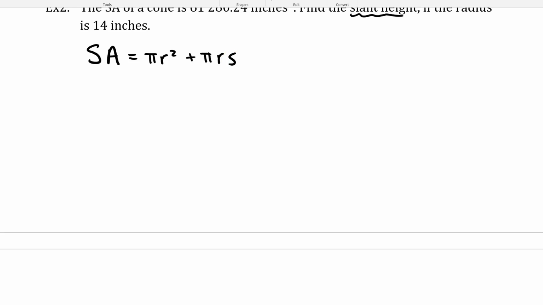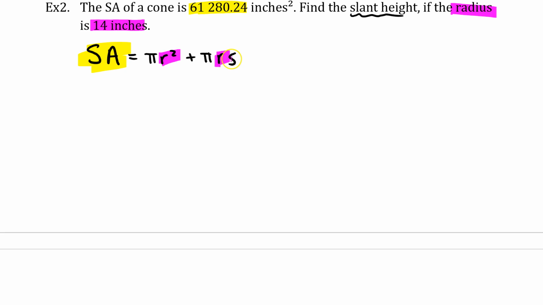We know the surface area is that 61,000, and we know our radius is 14 inches. Now we want to solve for that slant height. I'm going to put in all the things that I know.